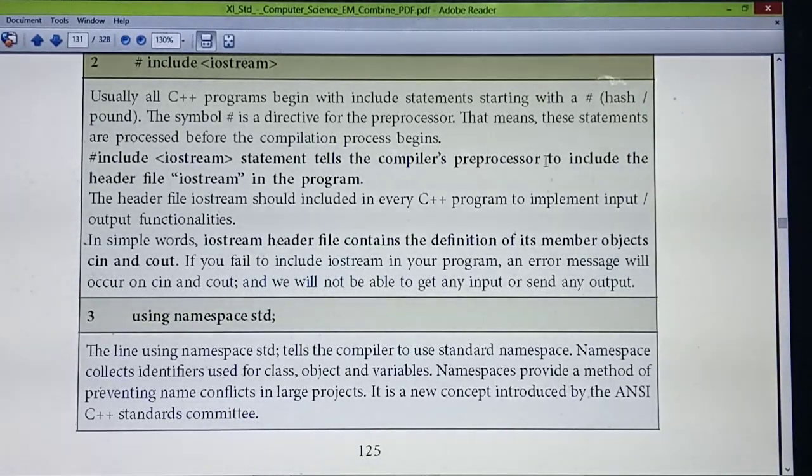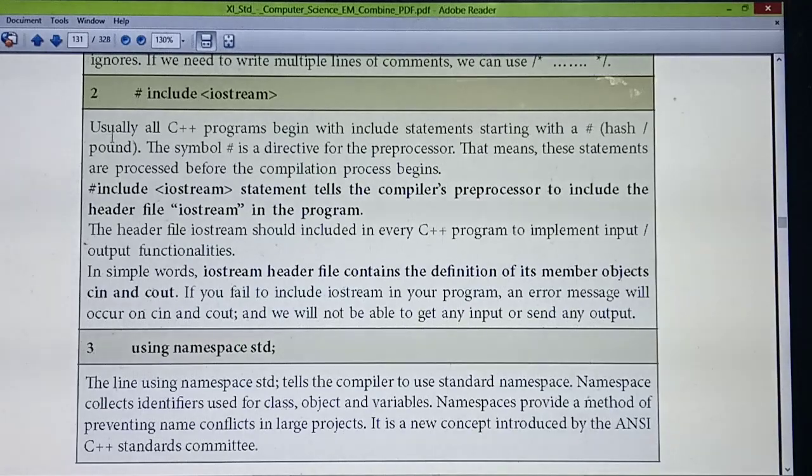Under the heading hash include iostream, starting from here: the hash include iostream statement tells the compiler, from here till send any output. Okay. So one more point you should write near the question or in your notebook.